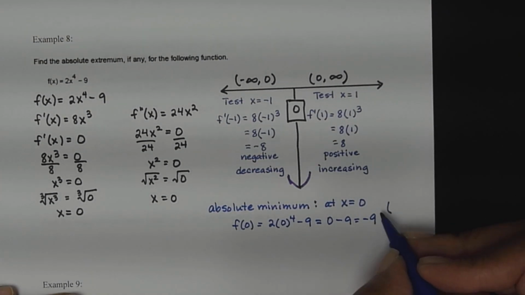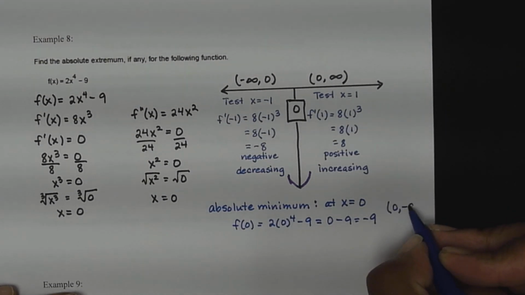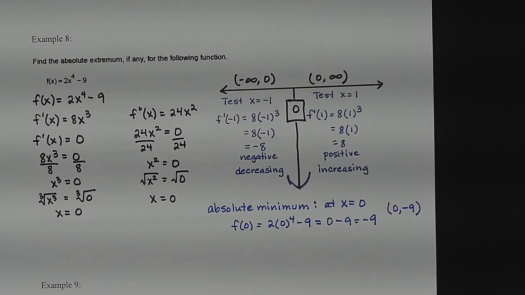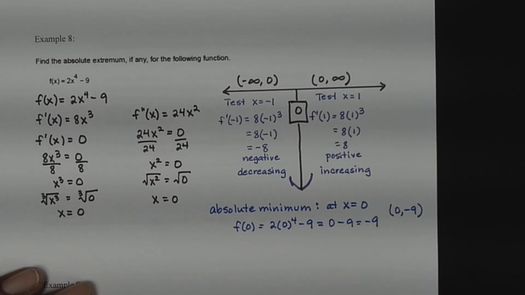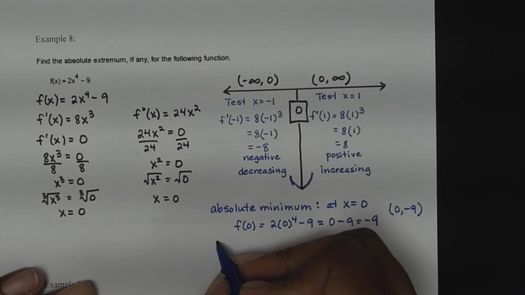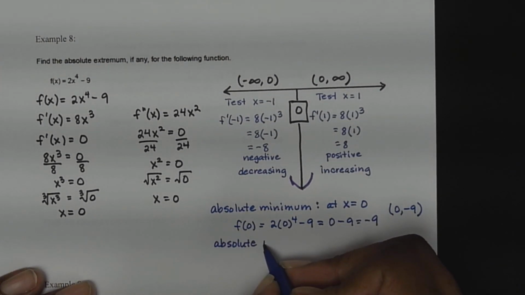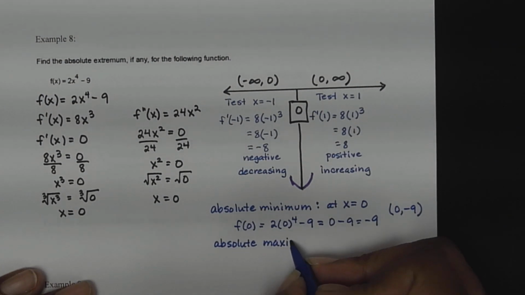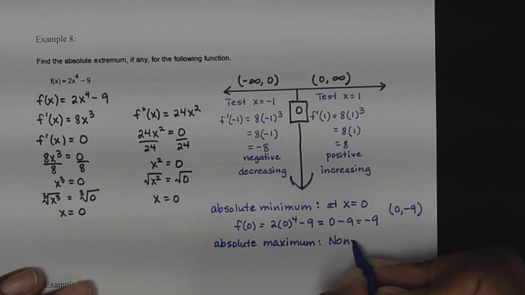So my absolute minimum would be negative 9. It occurs at x is equal to 0. So as an ordered pair, it would be (0, negative 9). And in this case, there is no absolute maximum. So for absolute maximum, we'll just say none.